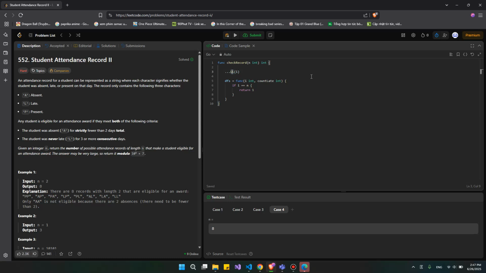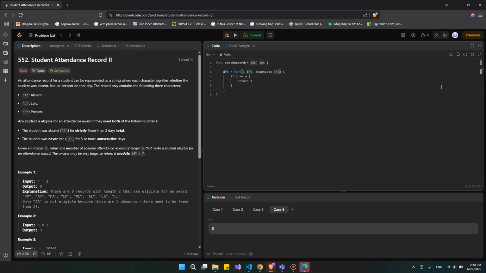We only need to know that. We don't need to know the L before because it doesn't affect our valid record. And if we are here, so the count late will be zero. Okay.